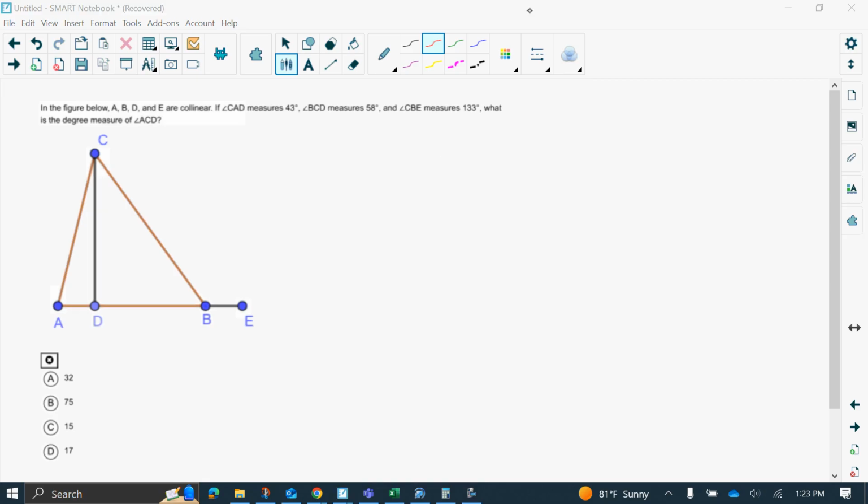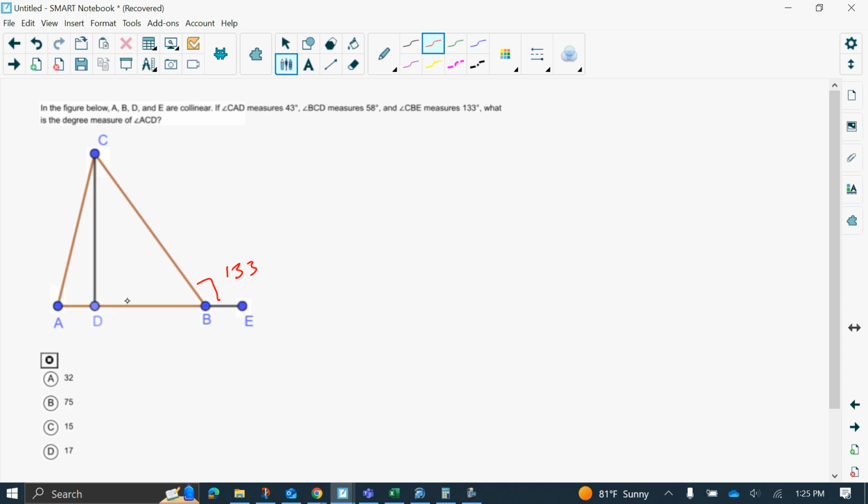So, for this one, they give us this angle. Okay, let's try again. So, this angle is 133.